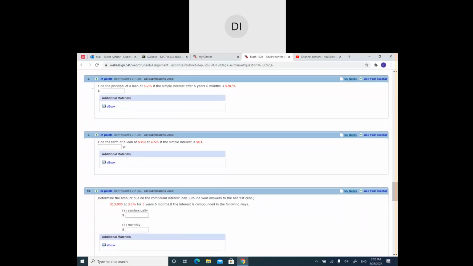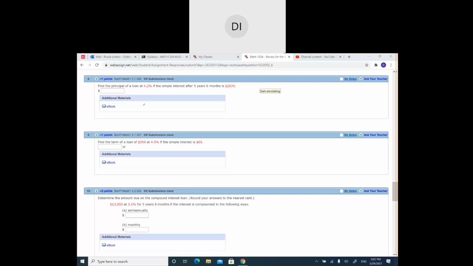In number 8, we have to find the principal if the simple interest after 6 months is 2,079. Here we're going to use the formula for simple interest.